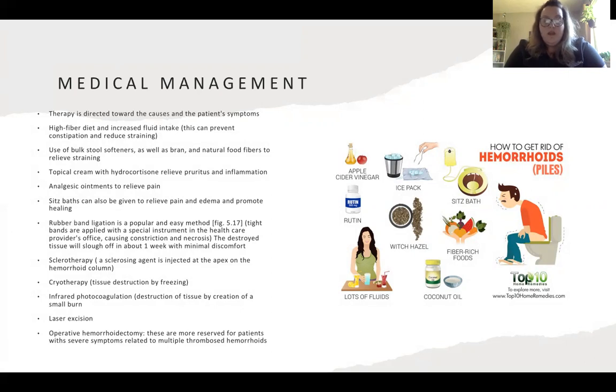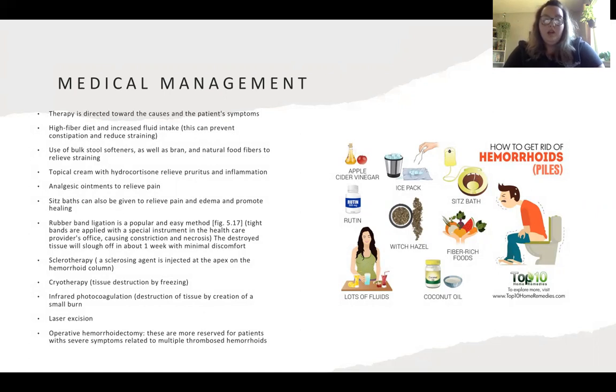There can also be sclerotherapy done, and that is just where a sclerosing agent is injected into the apex of the hemorrhoid column. Cryotherapy can also be done, and that's just by freezing it. Infrared photocoagulation, which is the destruction of tissue by creation of a small burn.